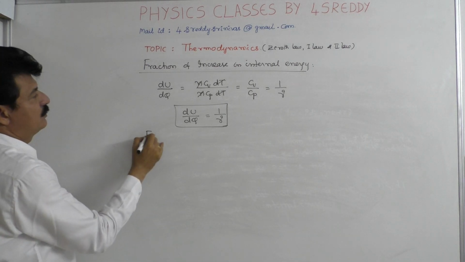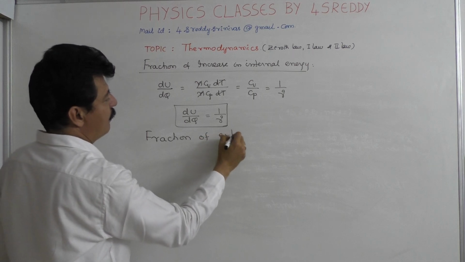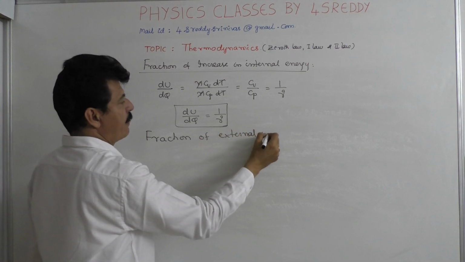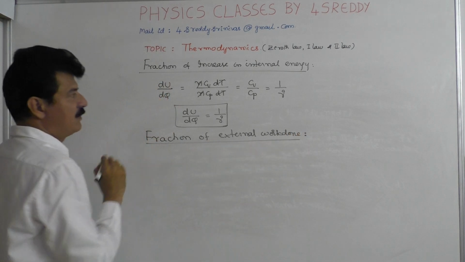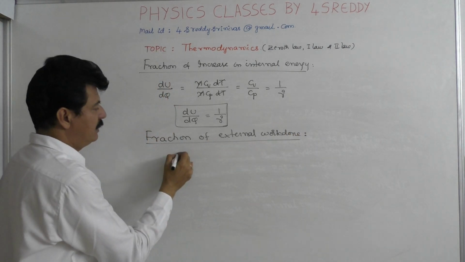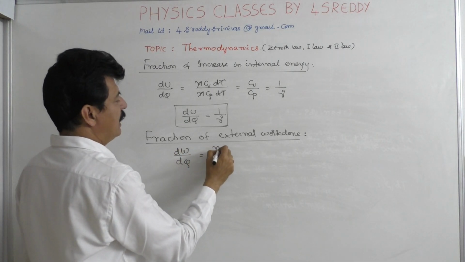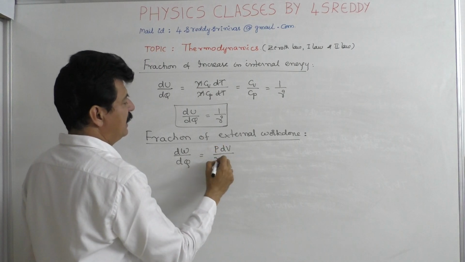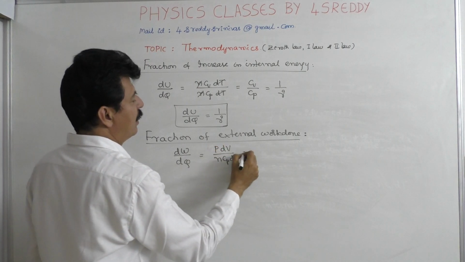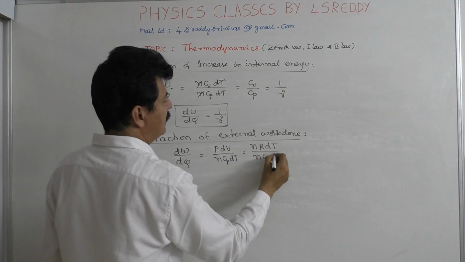And fraction of external work done. Regarding this, it is nothing but dW by dQ, that is PdV by nCp dT, or nR dT by nCp dT.